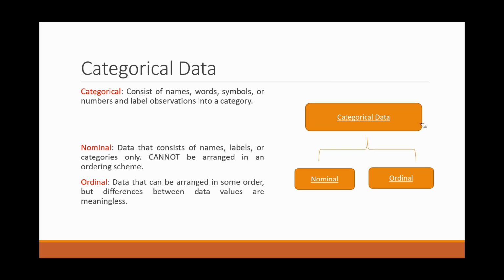Now, what about categorical data? Categorical data is data where the entries, the values of the variable, are words, symbols, names, or numbers. But no matter what the contents are, what the value does is it labels the observations into a category.